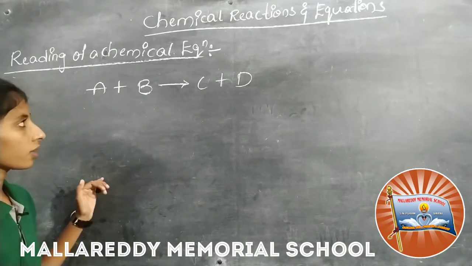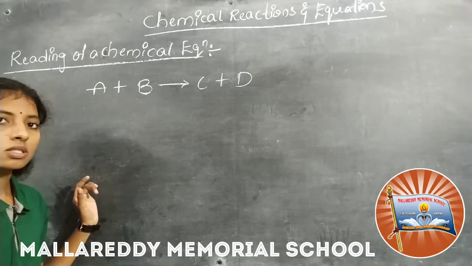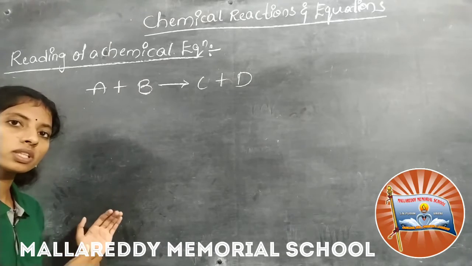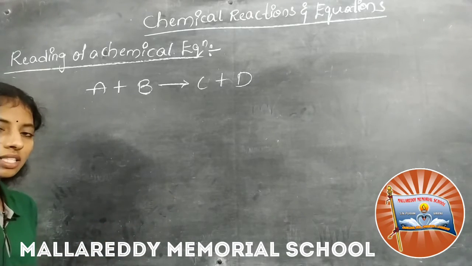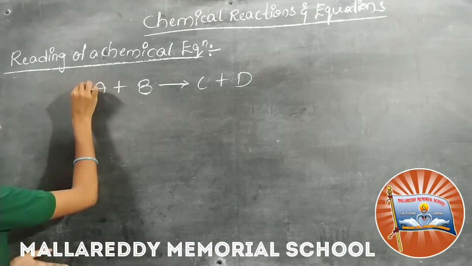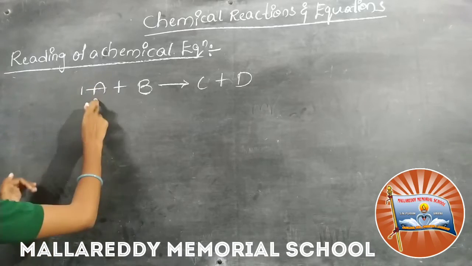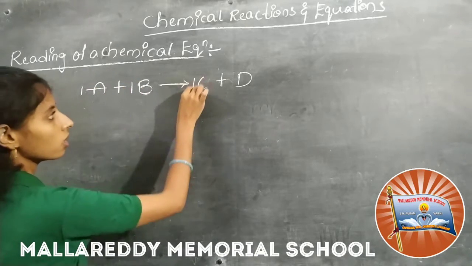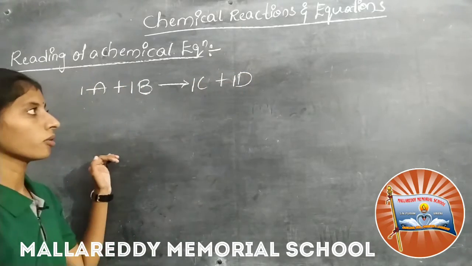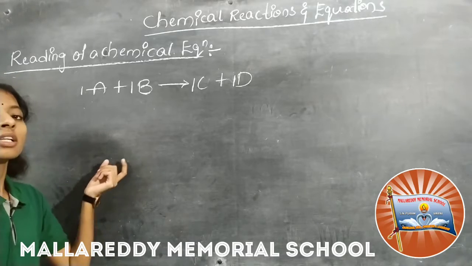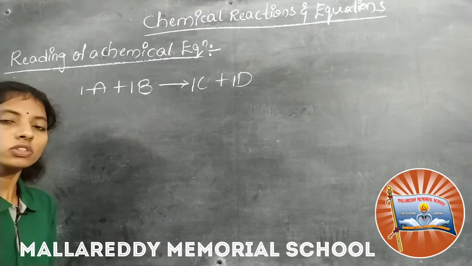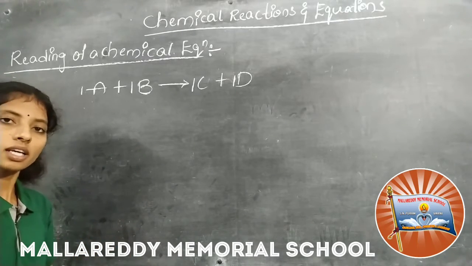So in this chemical equation, when there is no number written before the molecule, that indicates the number as 1. So here before the substance there is no number, so that indicates 1. That means it indicates the number of molecules present in a chemical equation.